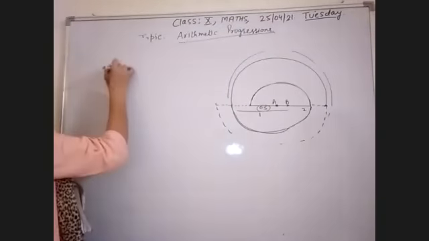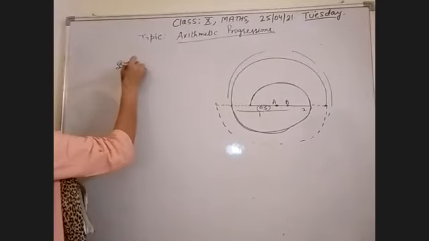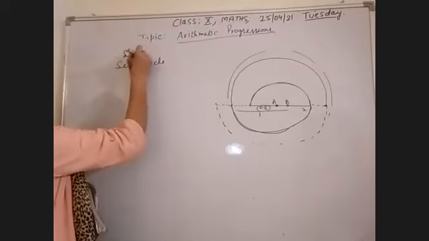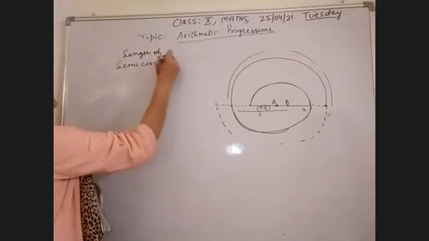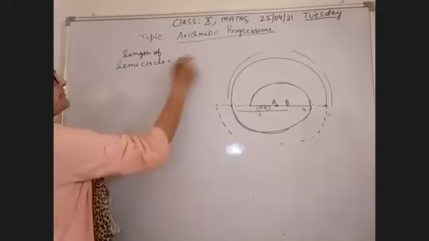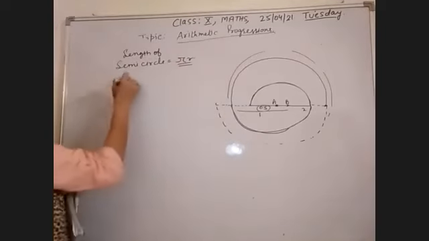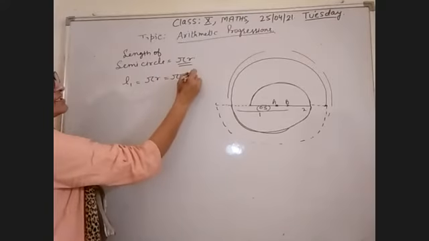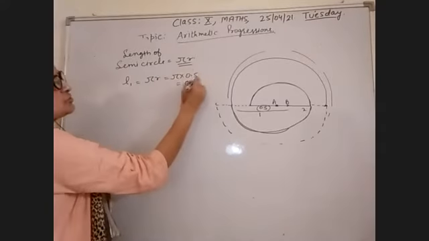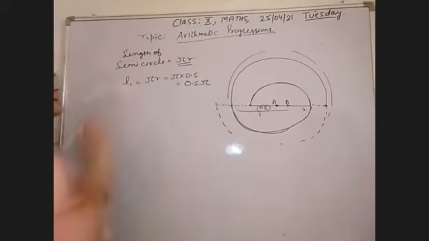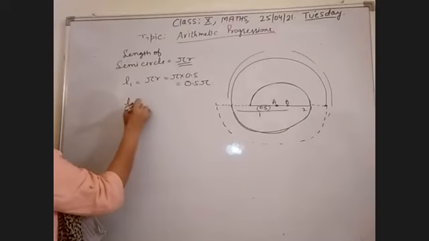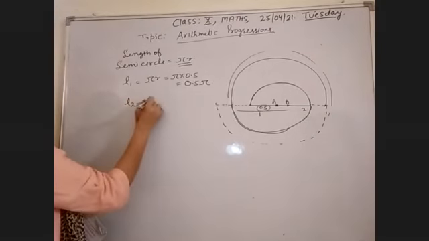So the length of semicircle equal to pi r. In the first case, the length is measured pi r equal to pi into r, r is given here 0.5. So 0.5 pi. Or in the second case, the radius is given 1.